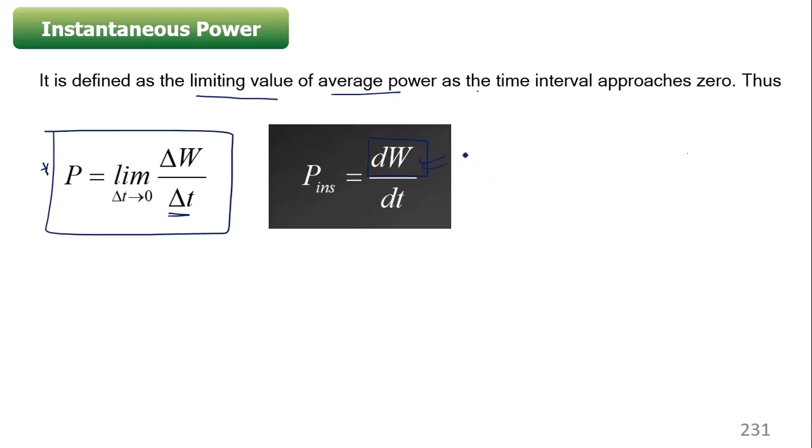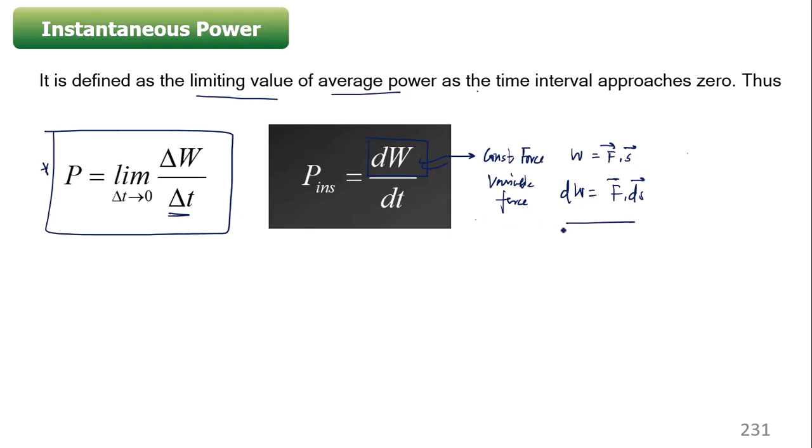In order to calculate the work, there are two formats. One is the constant force. If the force is constant, then I can write W equals F vector dot S vector. And for variable force, I have to integrate it. So dW should be equal to F dot ds, and from that I have to integrate to get the value of total work done.